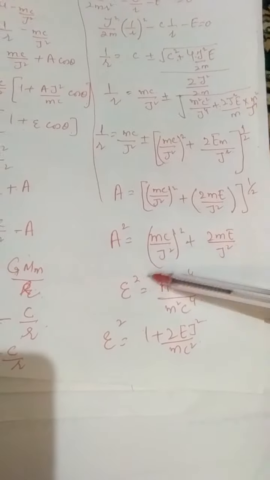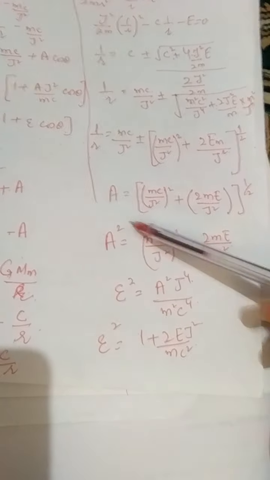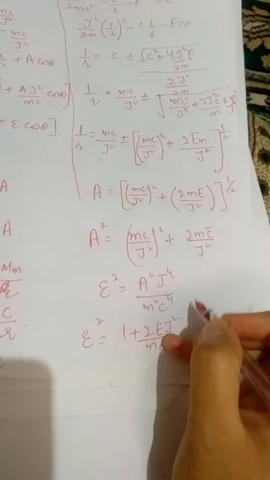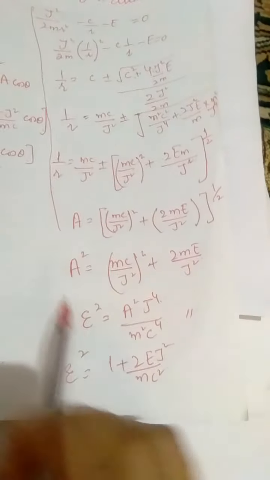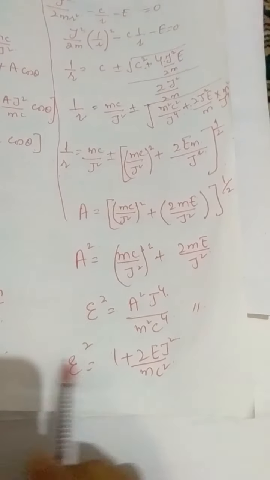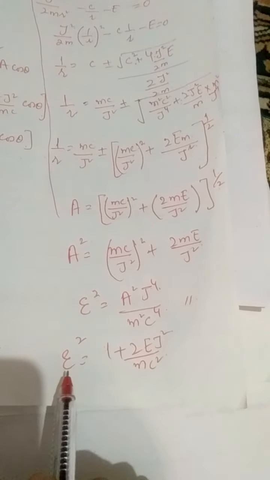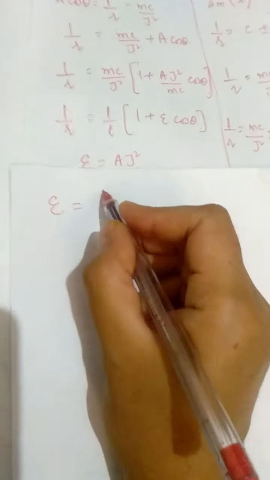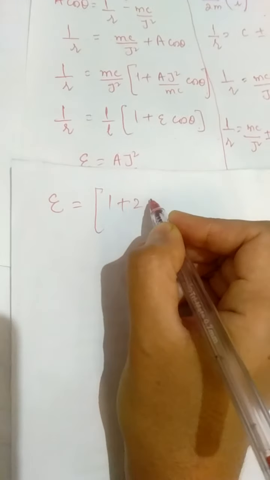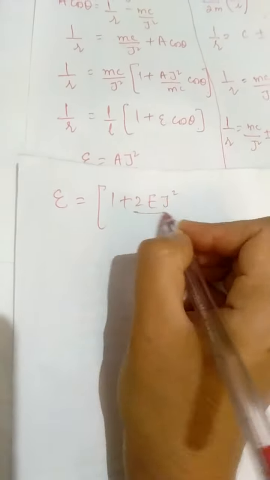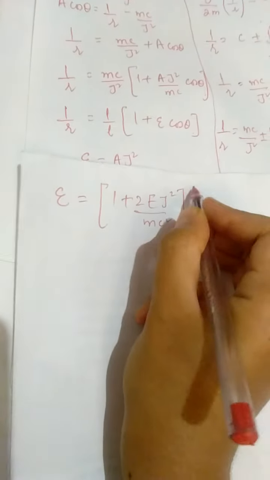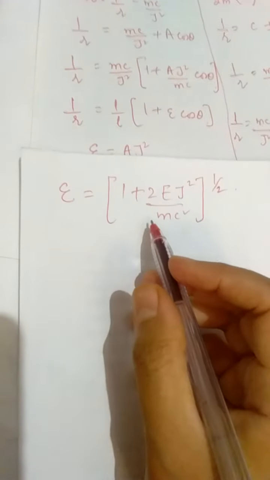So what did we do? We have substituted this value of a square in this e square, and there are certain steps in between that you can do of your own, and by substituting the value of a square in this epsilon square, we get the value of eccentricity in this manner. Therefore, eccentricity is equal to how much? When we take the square root on the other side, we get 1 plus 2 ej square by mc square over 1 by 2. So this is the value of eccentricity.